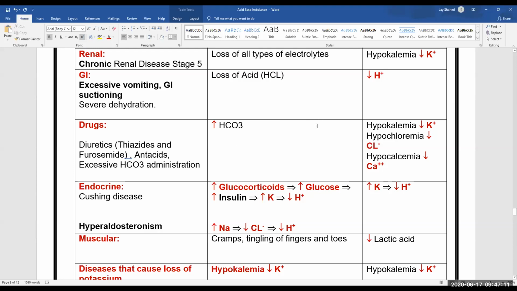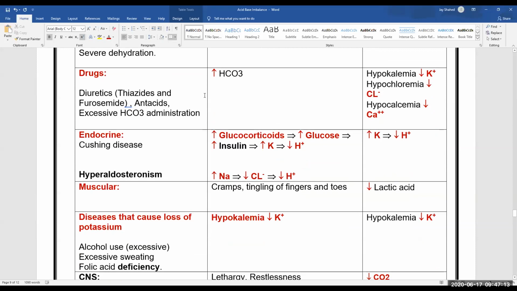So metabolic alkalosis. Drugs can lead to that also, certain drugs. Again, anything that causes decrease in potassium, decrease in chloride, okay, like some of the diuretics here, decrease in chloride, then decrease in hydrogen. So this one goes along with hydrogen also.